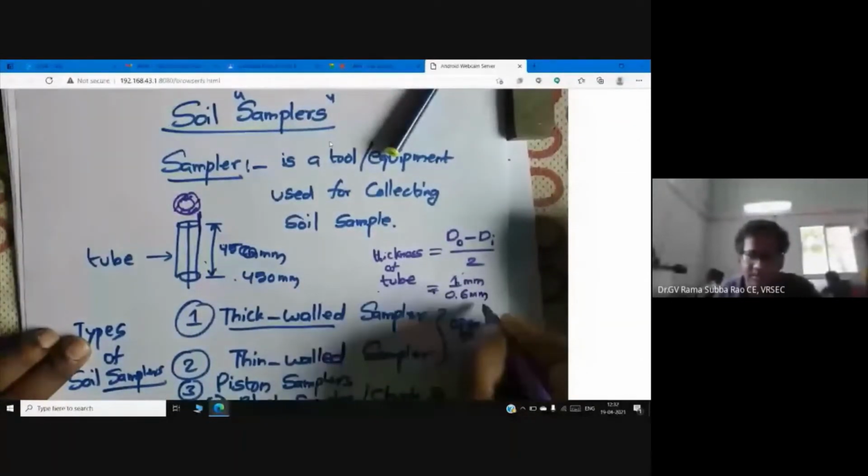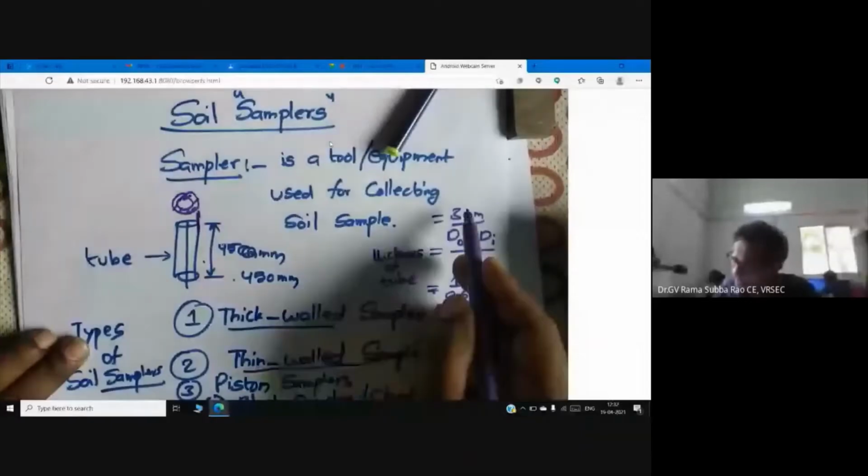Usually, if the thickness of the sampling tube is 1 mm, we can call it as thin-walled sampler. Whereas if thickness is 3 mm, like that, then we call thick-walled sampler.